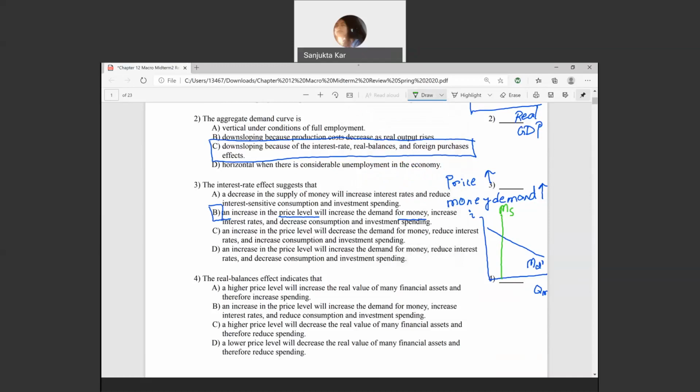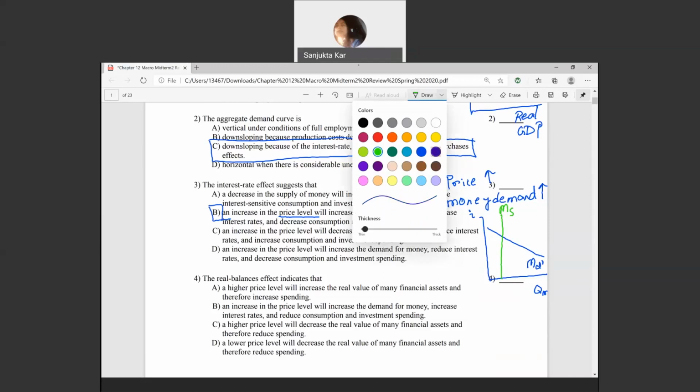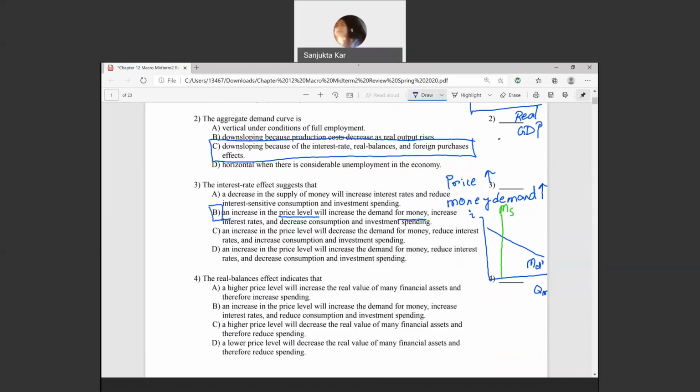And the next thing we have here is an increase in money demand. Increase the demand for money. So this means the money demand curve will shift to the right from MD1 to MD2. Remember, the supply of money is staying fixed in the economy because the Federal Reserve Bank controls the supply of money.